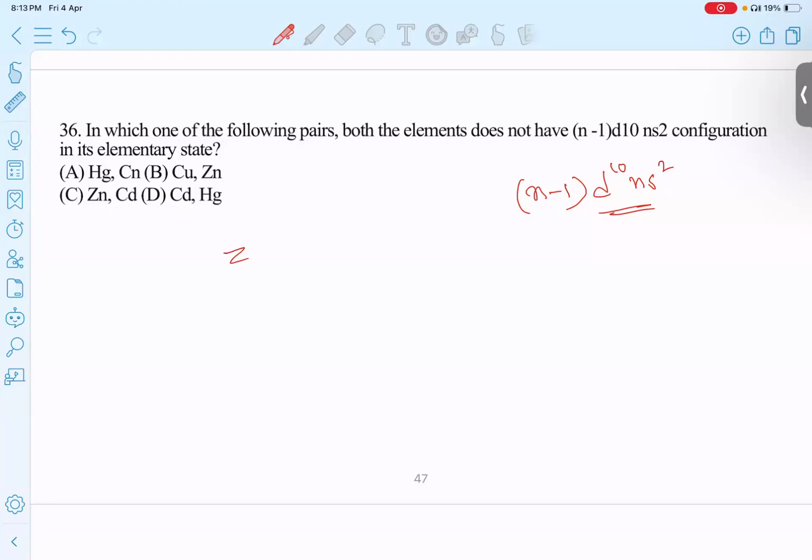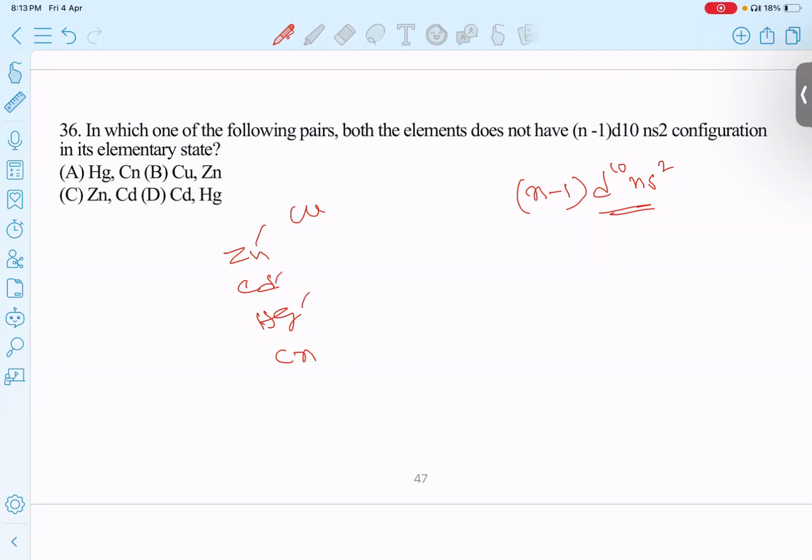Here zinc is given, then cadmium, then mercury, then Cn, copernicium, and also copper.